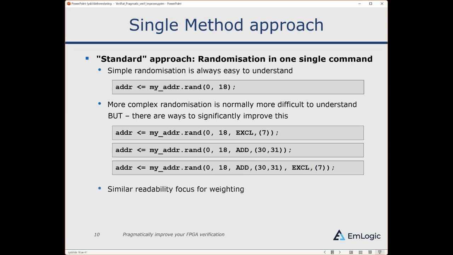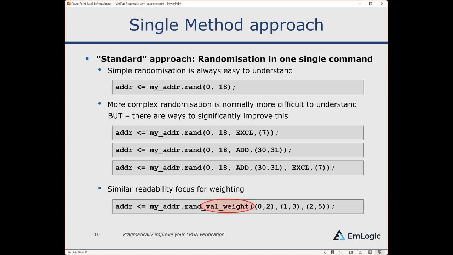We have a similar readability focus for weighting. For a weighted randomization like this one, we put the order of the parameters in the procedure call. In this case, you can see that the value comes first and the weight comes afterwards. So the value of 0 is given a weight of 2, value 1 is given a weight of 3, and so on.